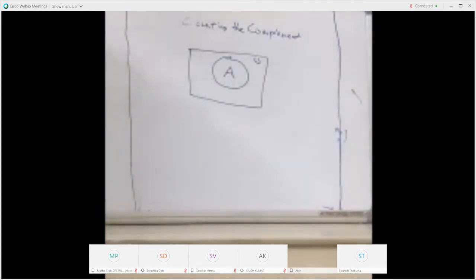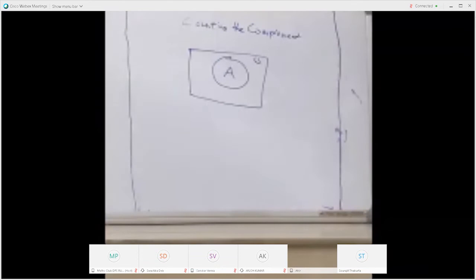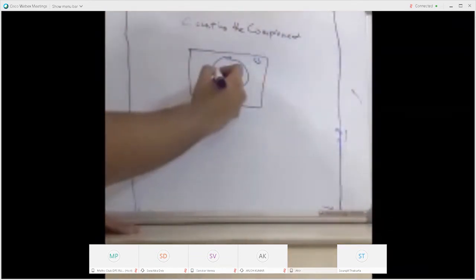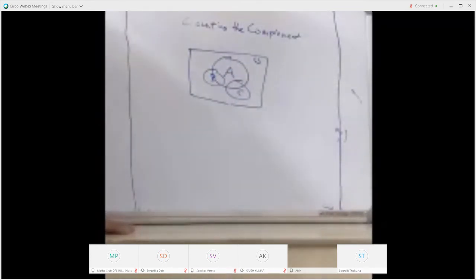Now sometimes it's very complicated to find the number of elements in A, and that can be for various reasons. Or you might have multiple sets like A, B, C, and it's complicated finding all the distinct elements that you have here.